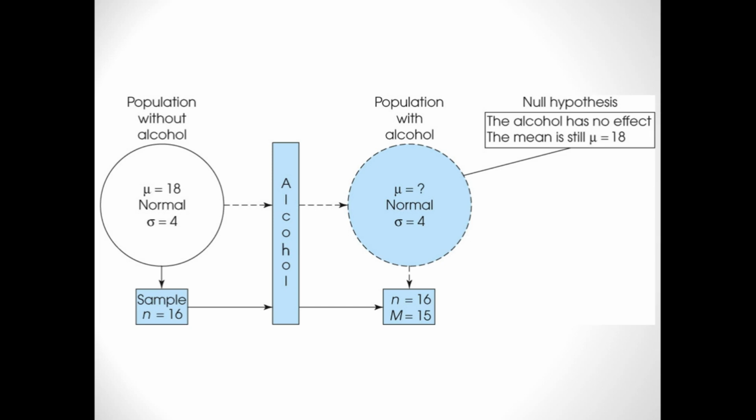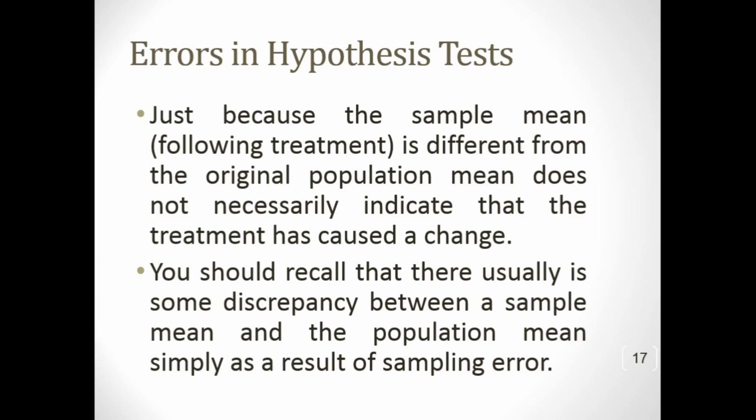What is error in statistical hypothesis testing? Just because the sample mean is different from the original population mean does not necessarily indicate that the treatment has caused a change. You should recall that there usually is some discrepancy between the sample mean and the population mean simply as a result of sampling error.